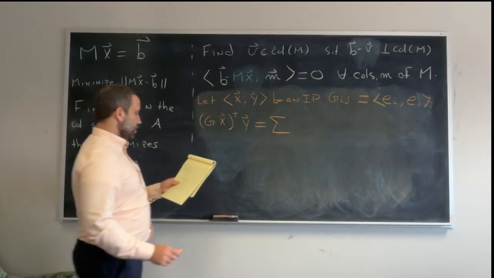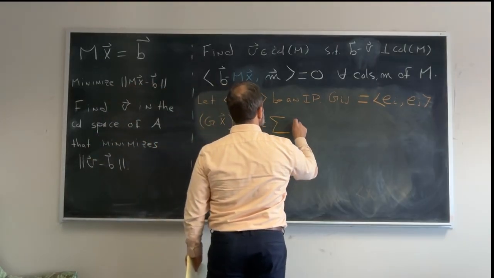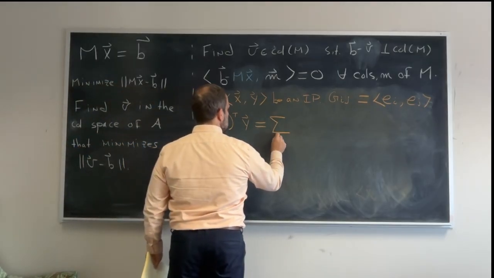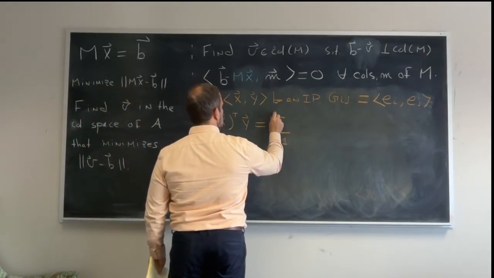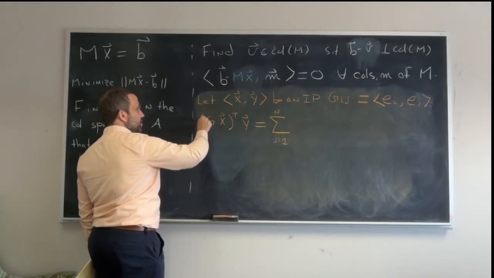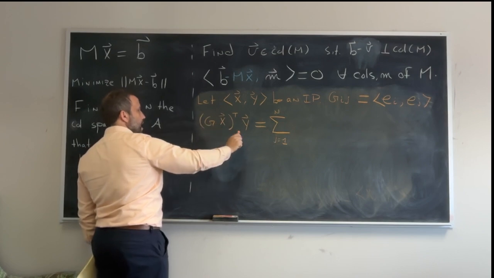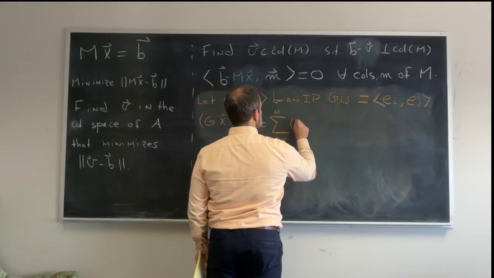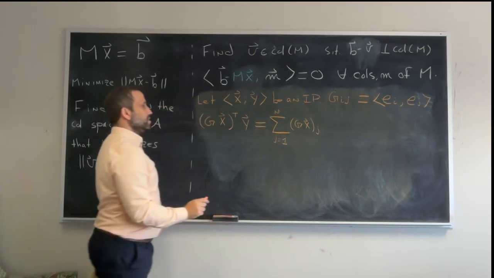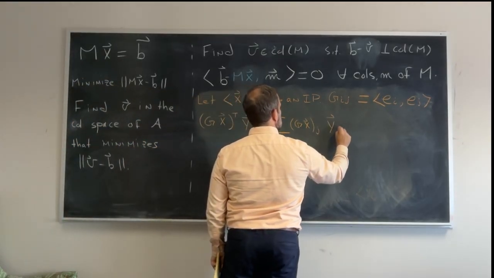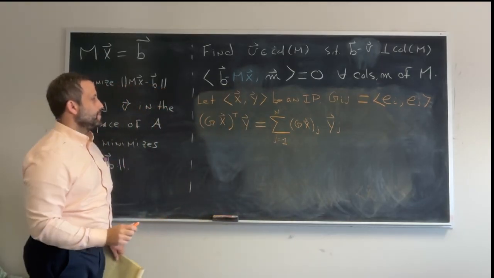So I can write this as the sum, j equals 1 to n, of the jth entry of Gx times the jth entry of y.